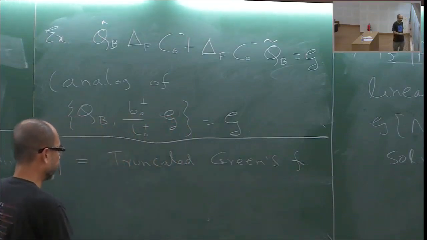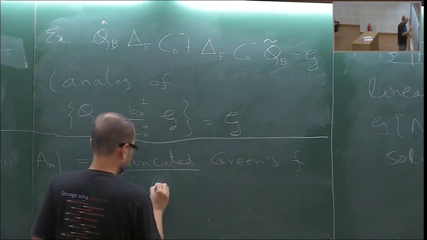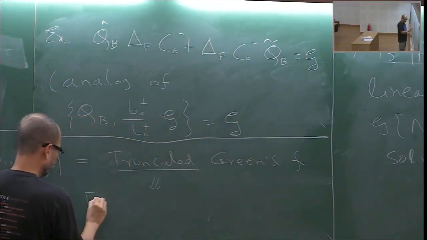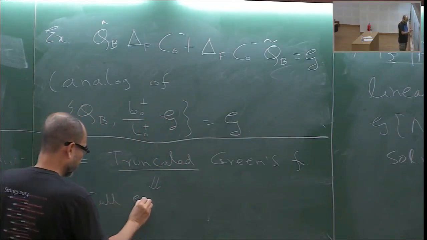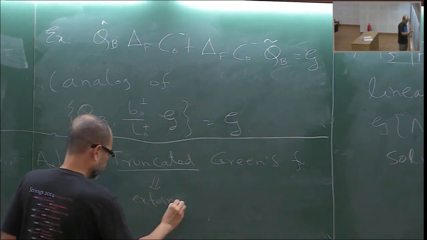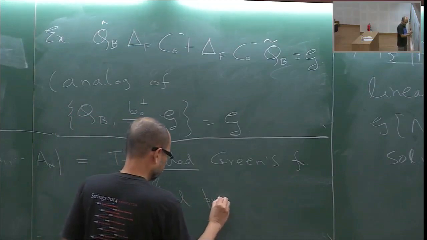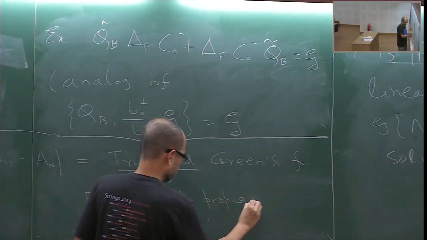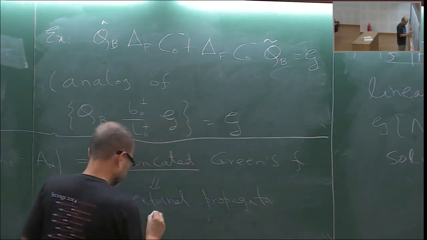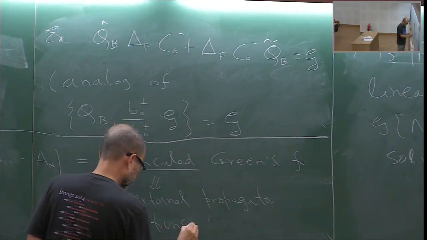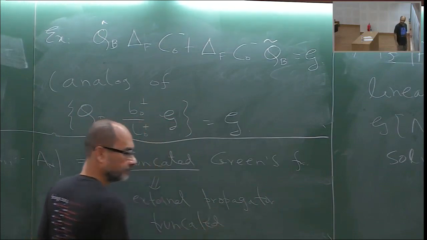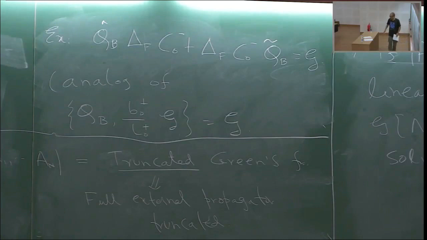Okay, and truncated here will mean that the full external propagator is truncated. Okay, this is what will enter the LSE procedure, right?